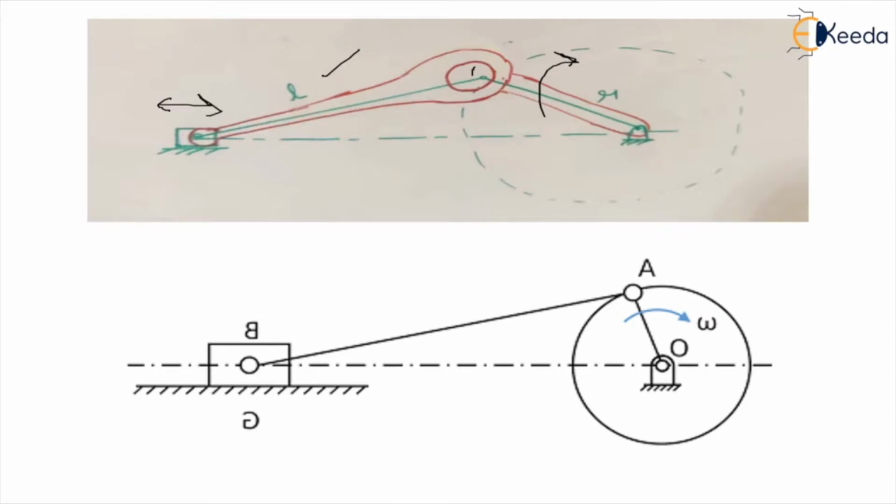To consider the inertia effect because of this oscillatory motion is quite difficult. It cannot be done with a simple or general formula or in the normal ways that we do it for other types of system.